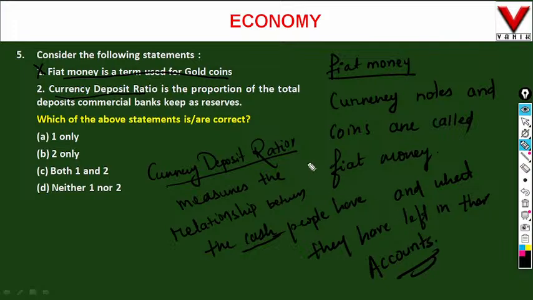This is called the currency deposit ratio. So the first is wrong and the second is also wrong. So what will be the answer? The answer will be neither one nor two. Write the notes.